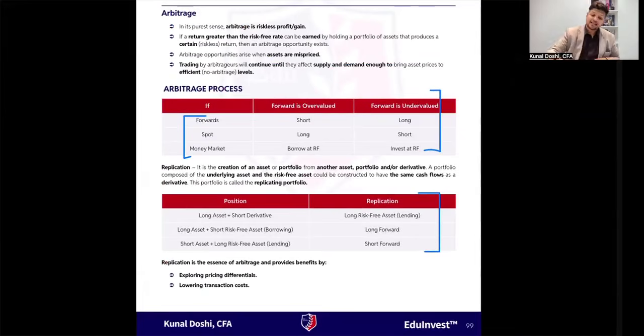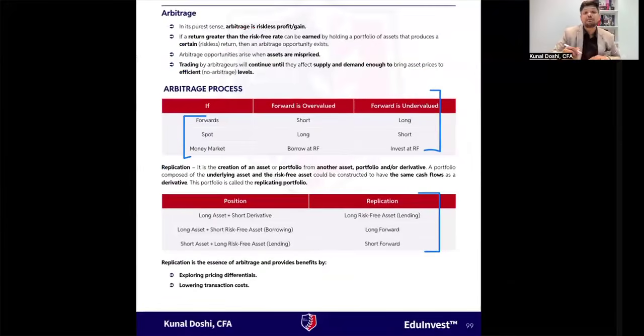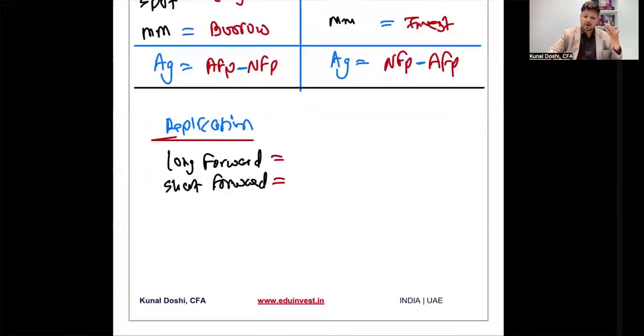Everyone. So when I say long forward, or when I say short forward, the pricing or the outcome is same like taking an underlying position with the borrowings. Now I will borrow when I am long the forward. So it is like long an asset, and short forward is like short an asset.